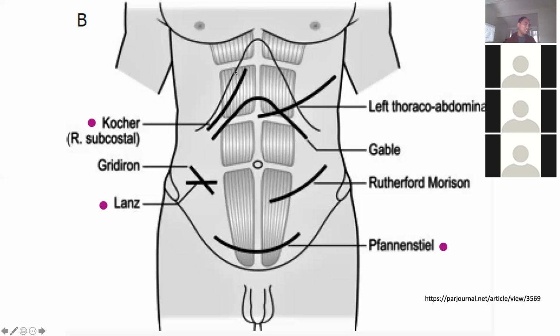This incision, just along the subcostal region, is for the gallbladder. We don't see the Kocher incision anymore. We are gradually moving more and more to minimally invasive laparoscopic surgery, and it is rare to perform this Kocher incision.